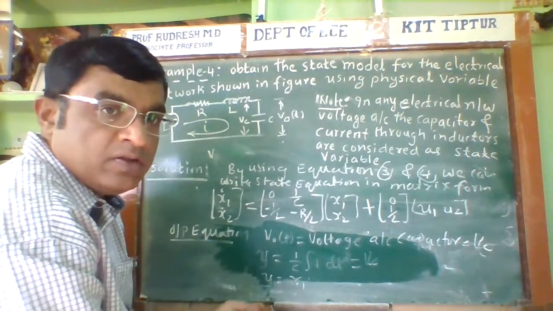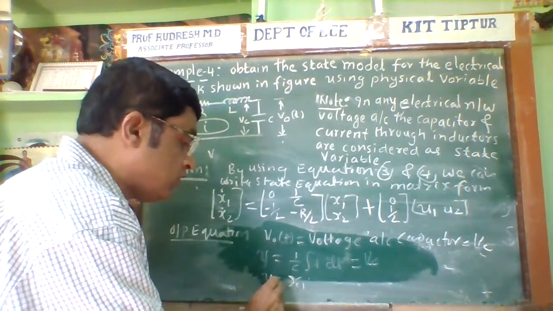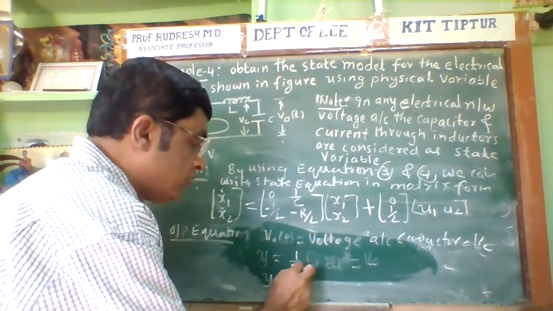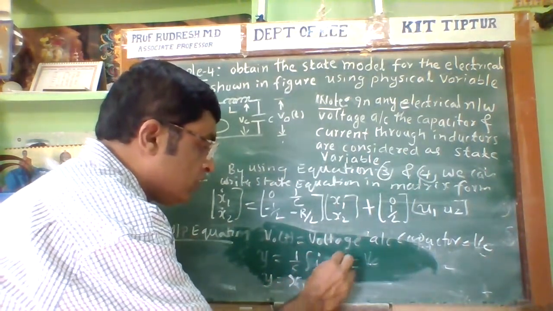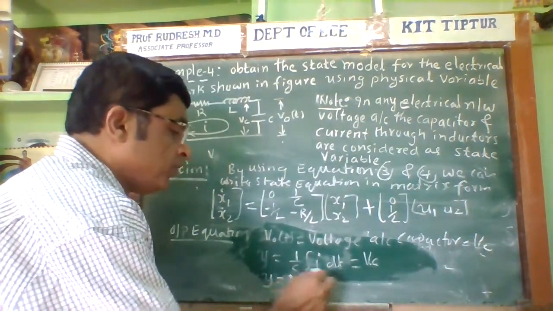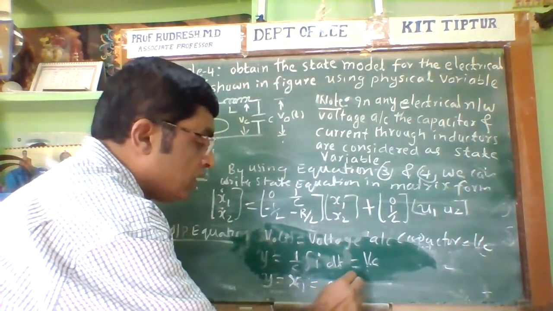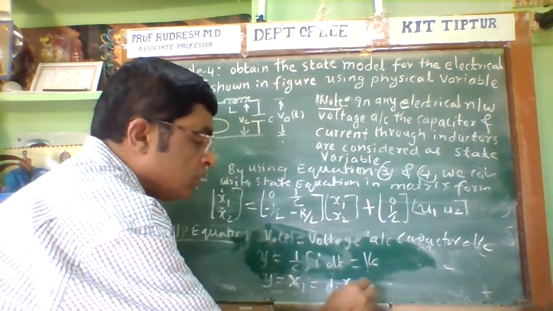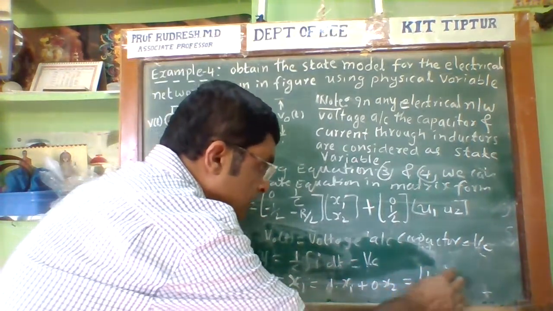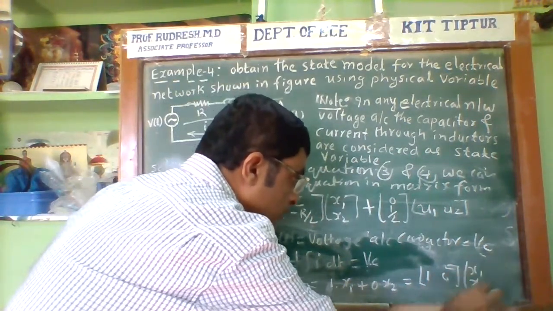I have assumed in the beginning itself that the voltage across the capacitor is x1. Therefore y is equal to x1, and this can be written as 1 into x1 plus 0 into x2.